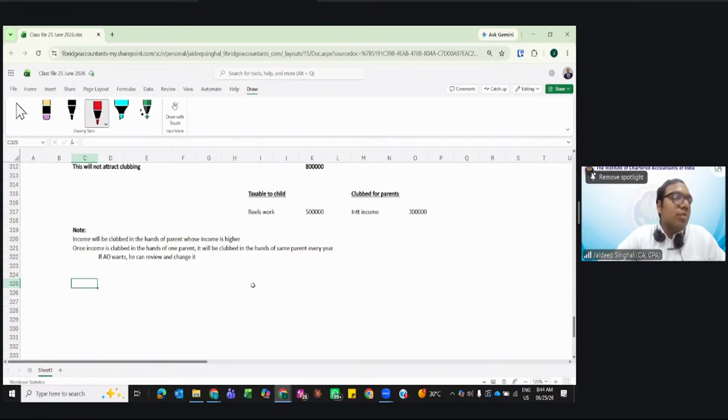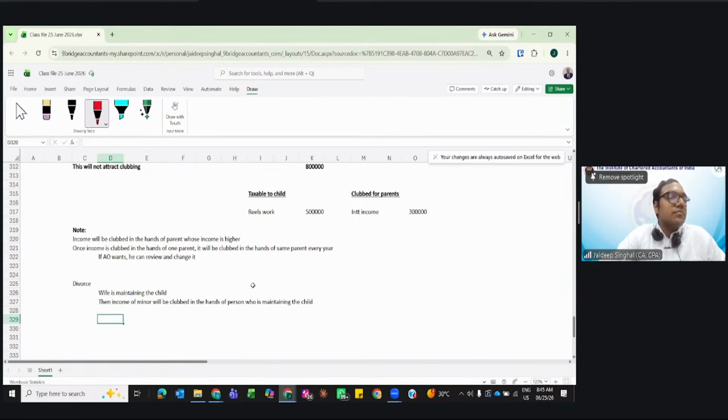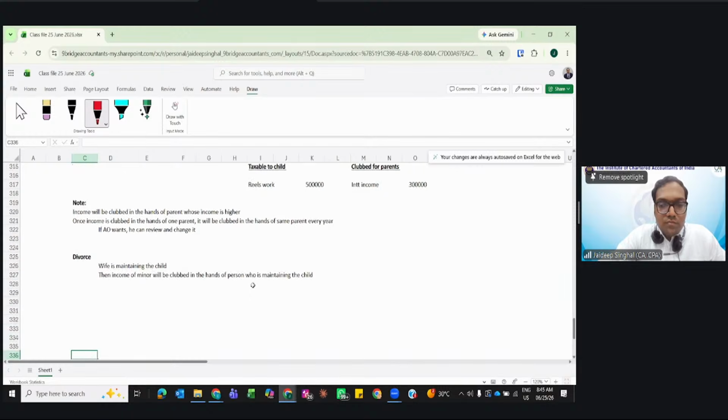Let's suppose husband and wife got divorced. In cases of divorce, now the wife is maintaining the child, then the income of the minor will be clubbed in the hands of the person who is maintaining the child. Clear? I hope it's clear till here.